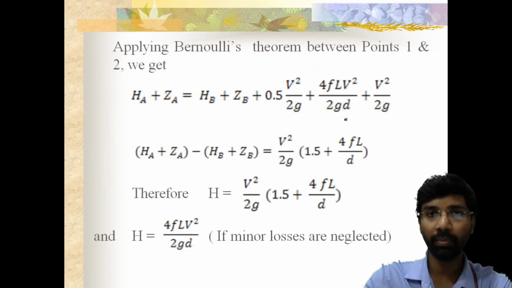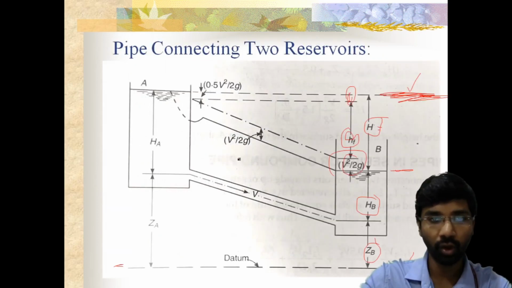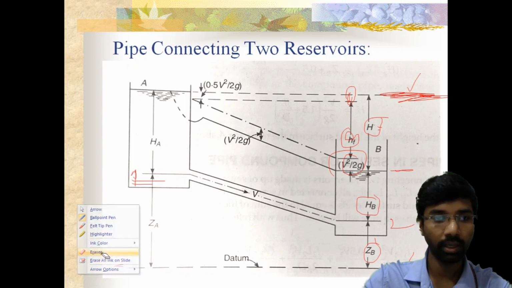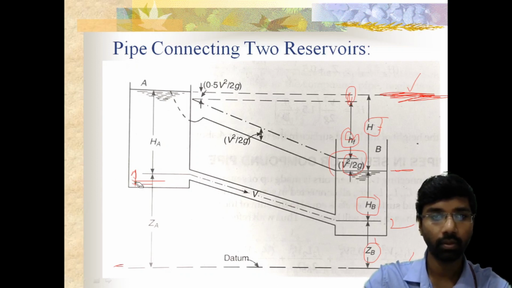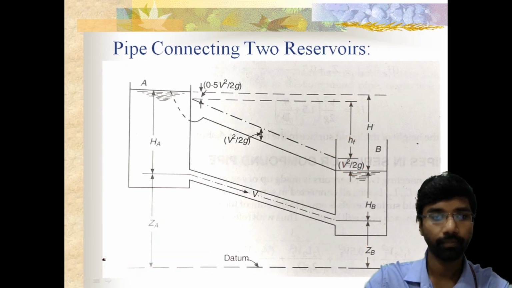And if you apply Bernoulli's theorem between the points 1 and 2, observe here, this is the point 1 and this is the point 2. I have already denoted this in the earlier slide.